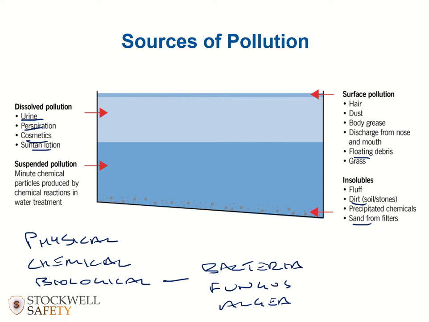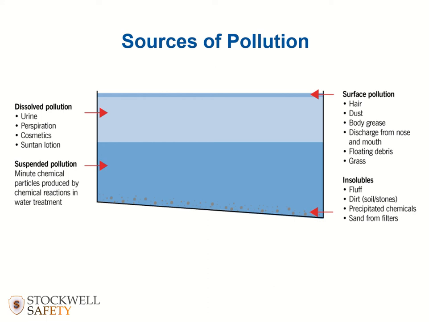And you can see the distribution of all of these types of pollution on the screen. A lot of it, in fact most of it, is situated in this top bit, around about 150 millimeters of depth.